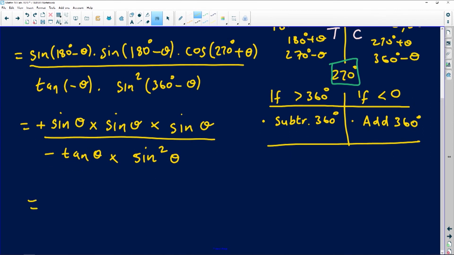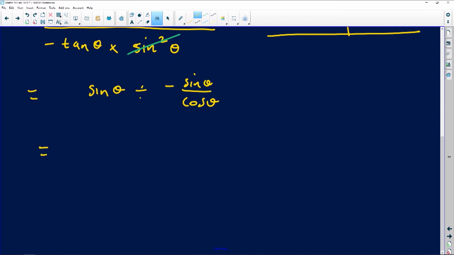Now from here you can see you're going to divide. Sine times sine is sine squared, they'll cancel that sine squared out. What does this leave us with? It leaves us with sine theta divided by negative sine theta all over cos theta, which comes from our tangent, which we can then simplify further and say this is as good as sine theta multiplied by, you put cos on top, and then you put negative sine theta on the denominator.